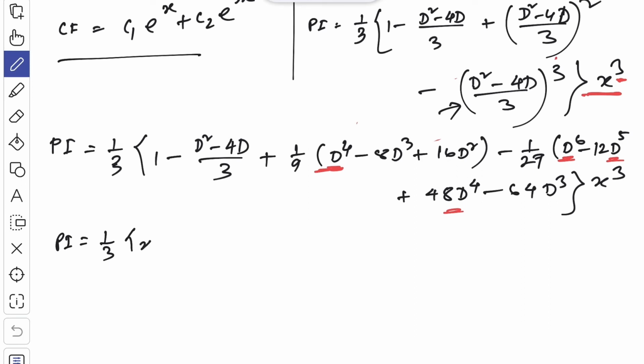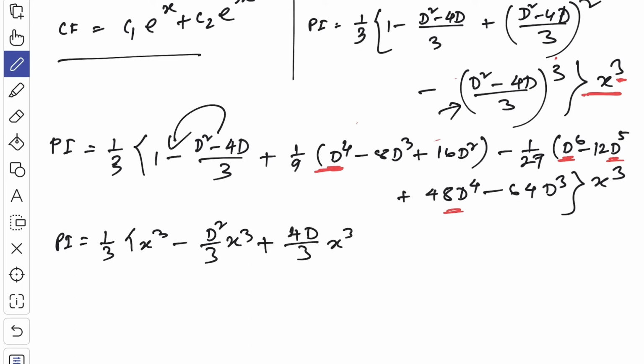If you do so, then you will get x cube here, then you will get d square by 3 x cube, then this is minus, so plus 4d by 3 x cube, then plus 1 by 9.